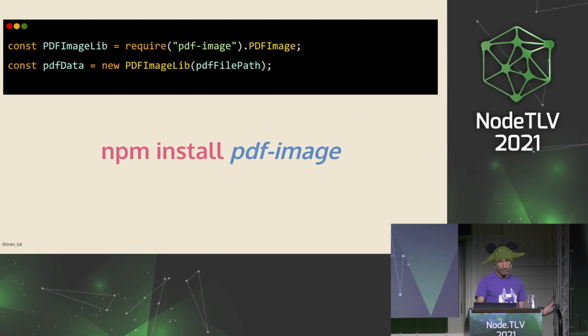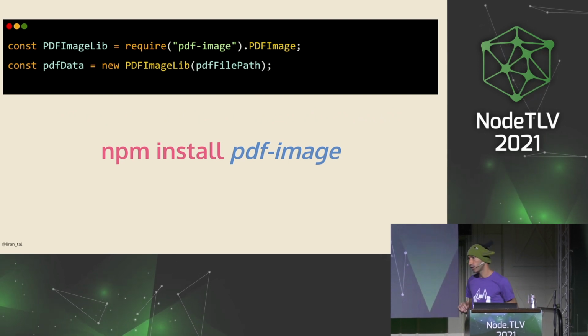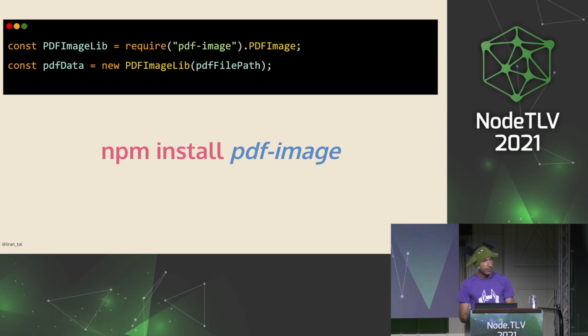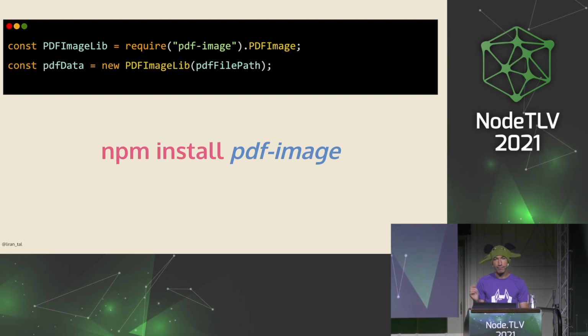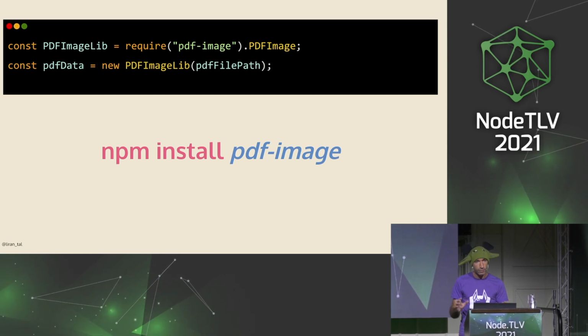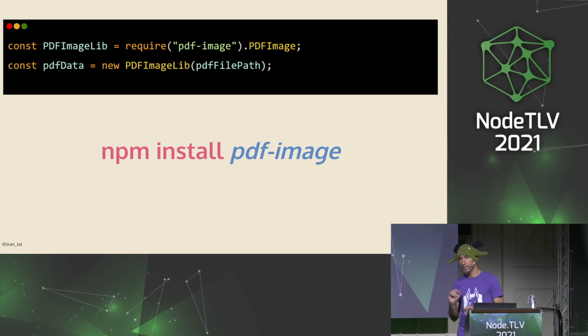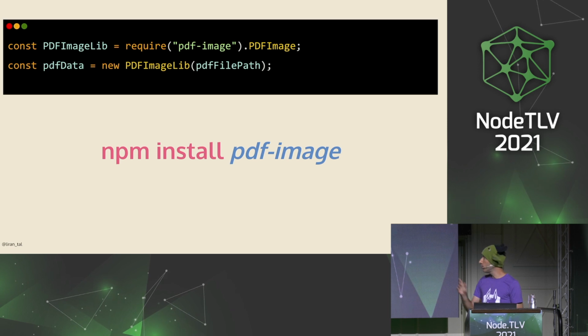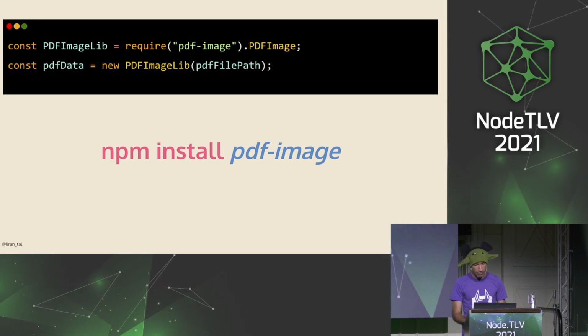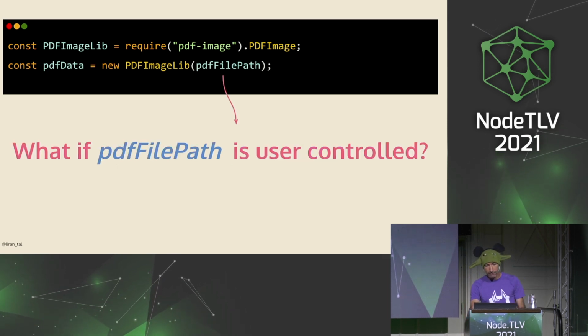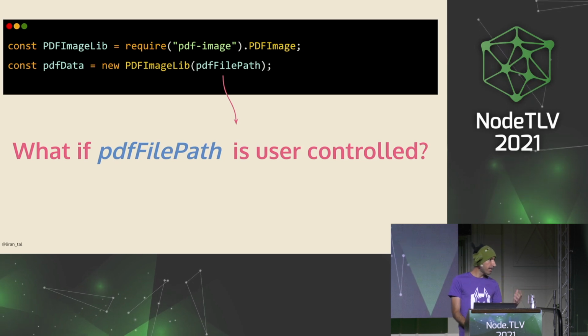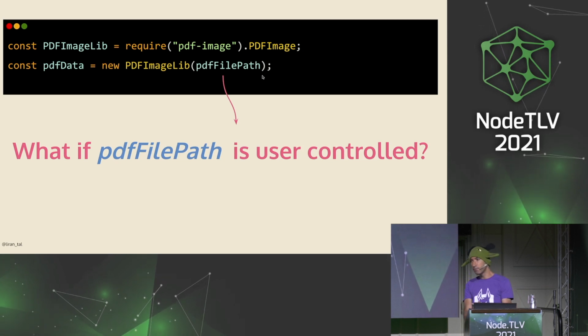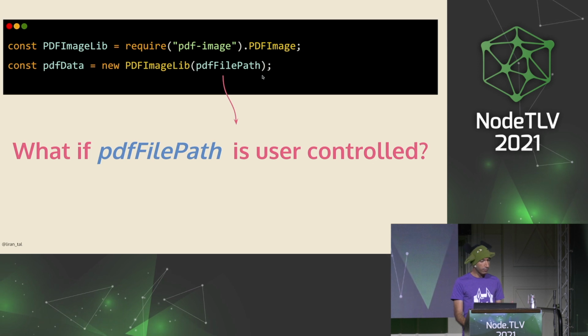Let's take a different example. Let's say you're not using child process exec. Let's say you're actually using some dependencies, for example, pdf-image, because I have some worker Node.js applications in my message queue that need to process images. I'm going to use this pdf-image library. I'm going to feed it this PDF file path, which maybe comes from the user because maybe it has the name of it or something else. So it's user-controlled.